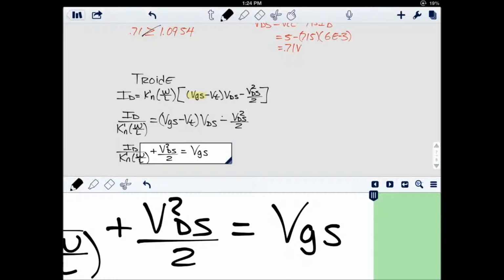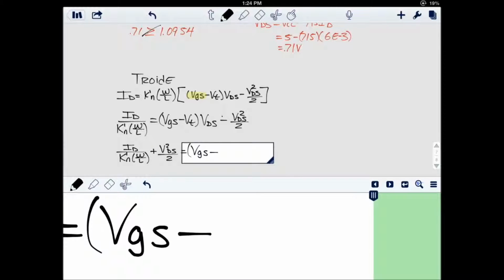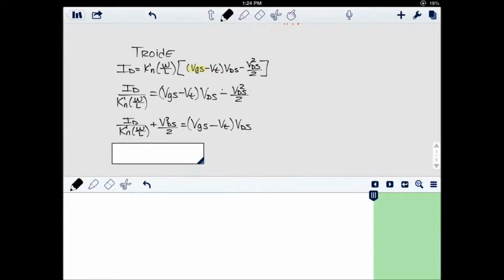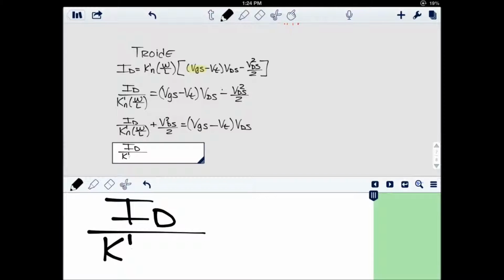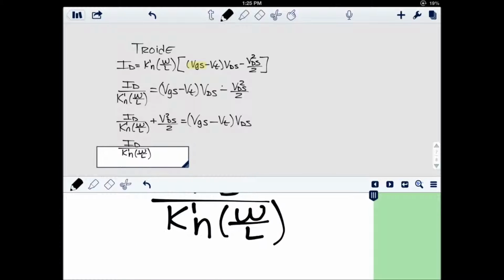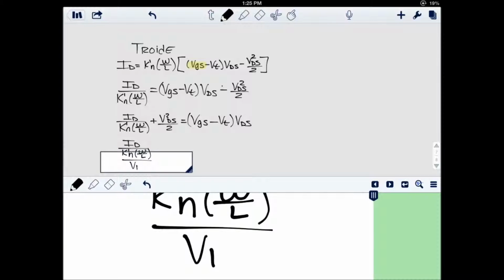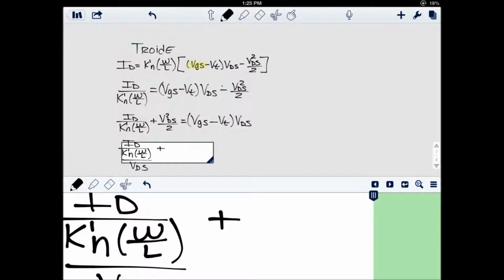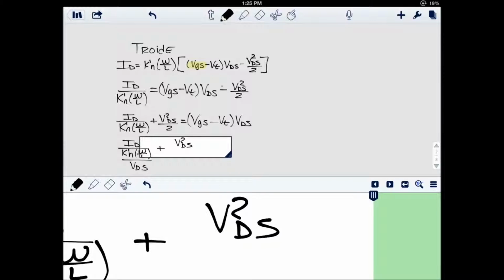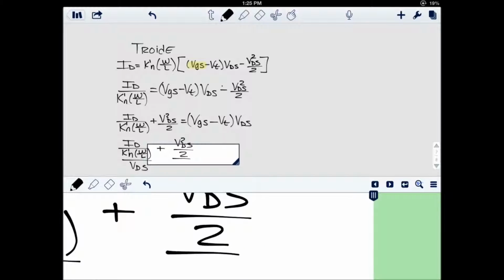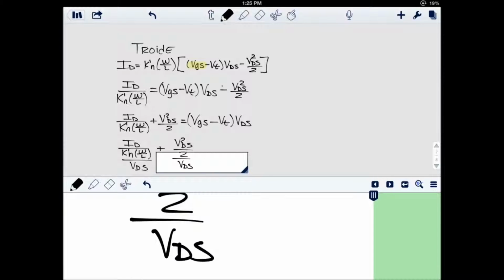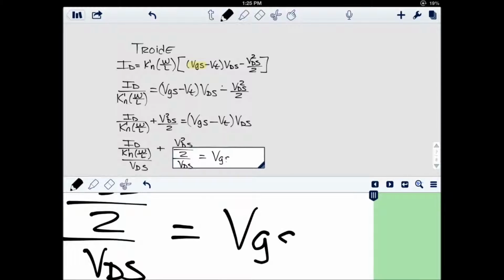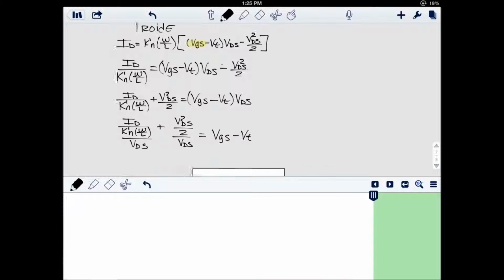And now we have this, and if we divide both sides again by the drain source voltage, we're left at the right side with this.